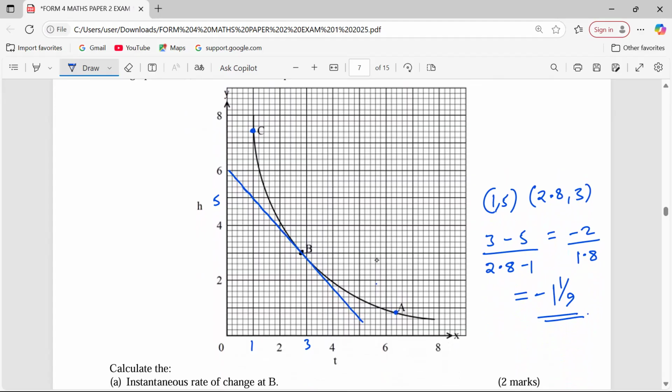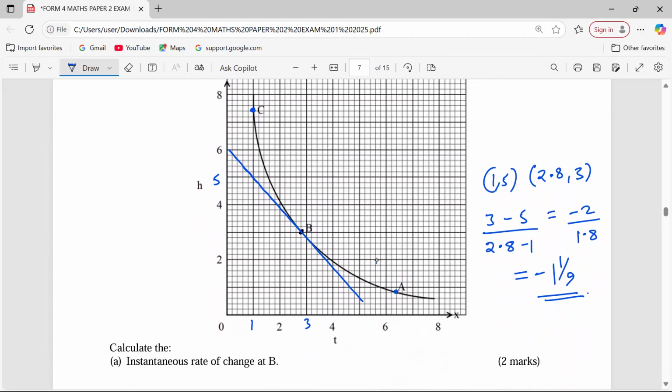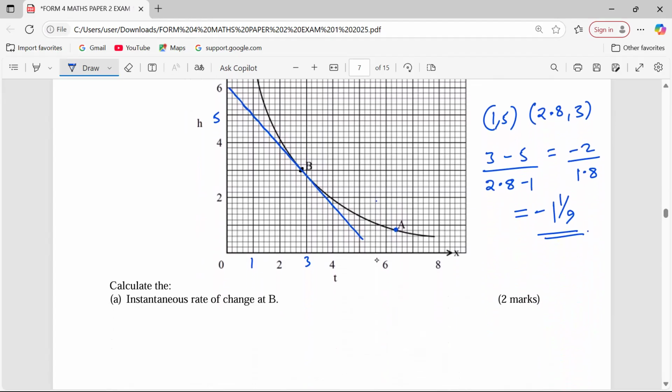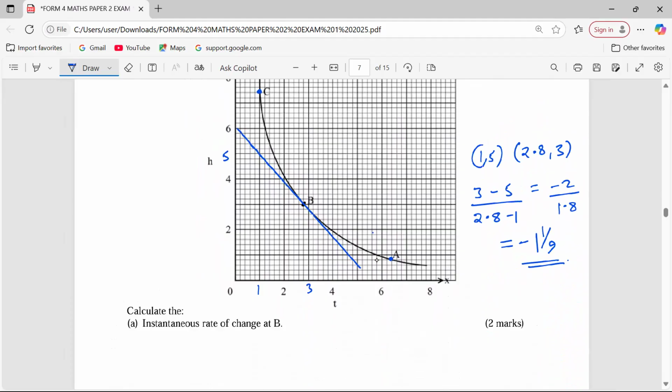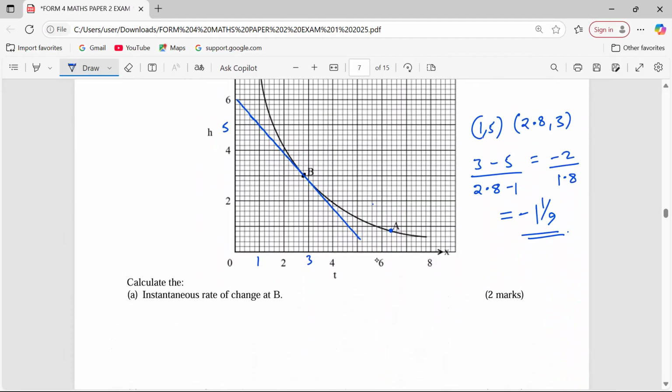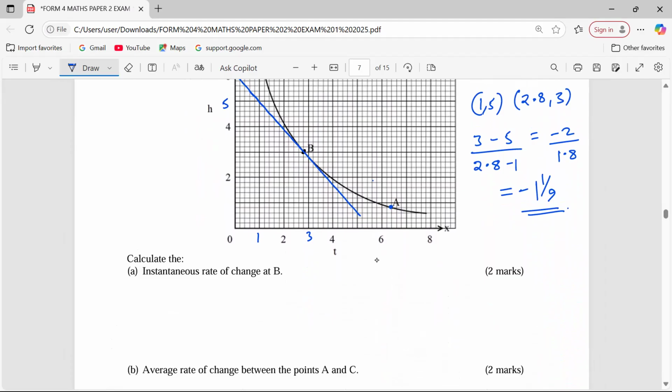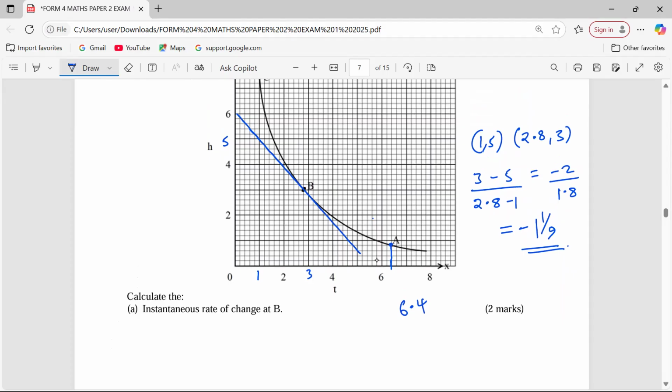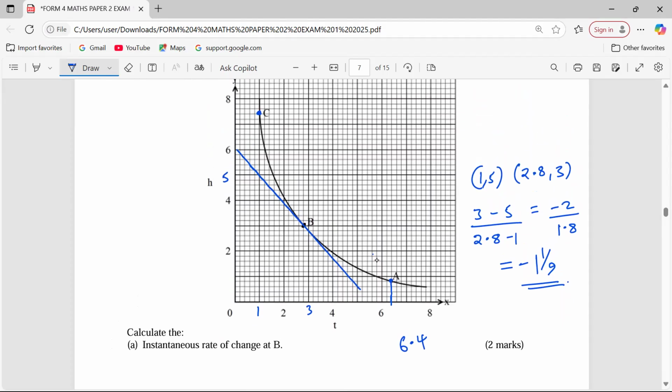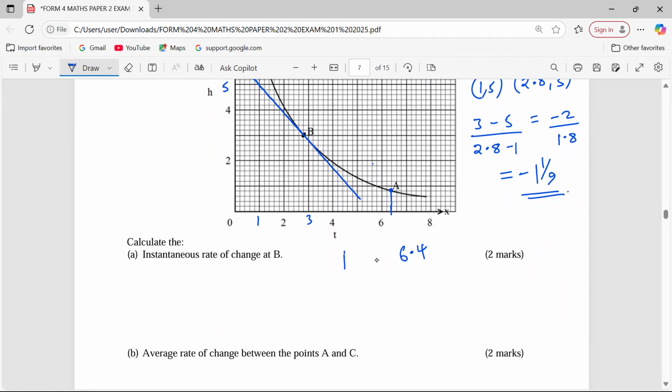So looking at that, you see that within C and A, the value of T is changing from 6.4, then at C, we are having 1. So from 1 to 6.4, that is according to A and C.